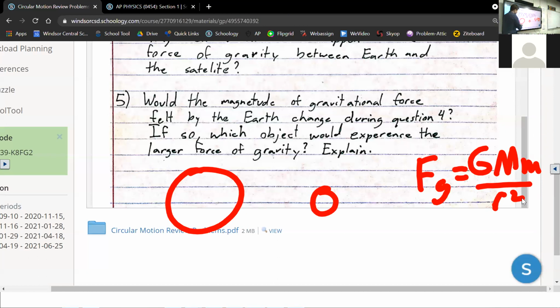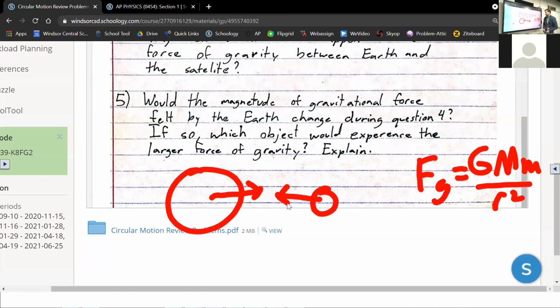The force from Earth to the satellite is going to be the same as the force from the satellite to Earth. They're both going to weigh the same compared to each other. That's one of the things I said in the beginning of the year. If I weigh 185 pounds on Earth, Earth weighs 185 pounds on me. It's Newton's third law. Every action has an equal and opposite reaction. For every gravitational force, there's an equal and opposite gravitational force.